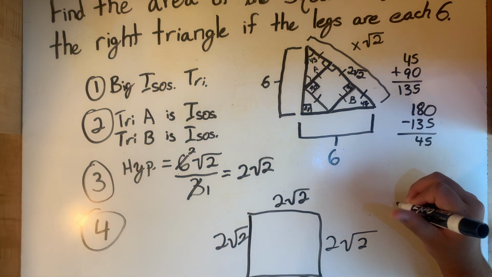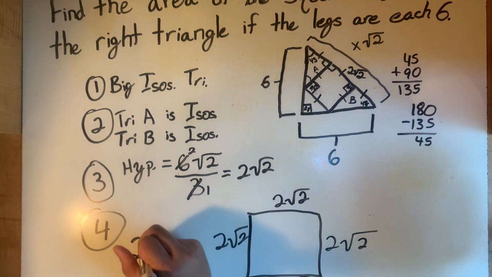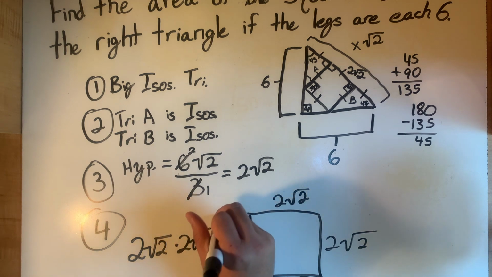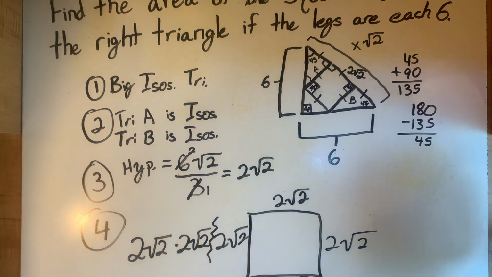So we have 2 square root of 2 times 2 square root of 2. I'm just going to draw a line to separate it. When we multiply it, what do we get? We have 4 because 2 times 2 is 4. Then we multiply these square roots together to get the square root of 4.